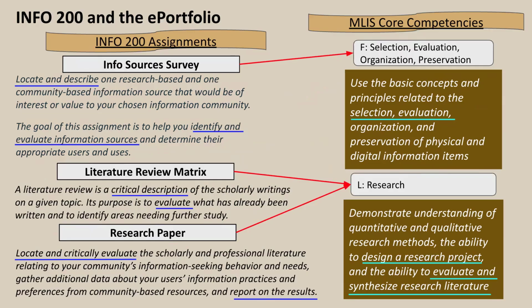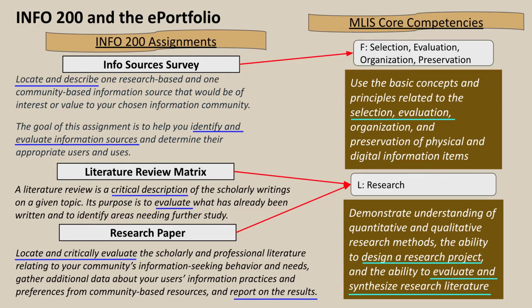You start to do this in the Literature Review Matrix by arraying your sources and providing summaries and critical commentaries for each one. This ultimately becomes the literature review section in your final paper, which demonstrates your ability to evaluate and synthesize the research literature on your community. That makes both the matrix and the final paper great evidence for Comp L in the ePortfolio.